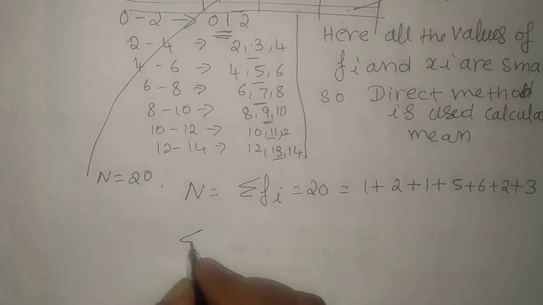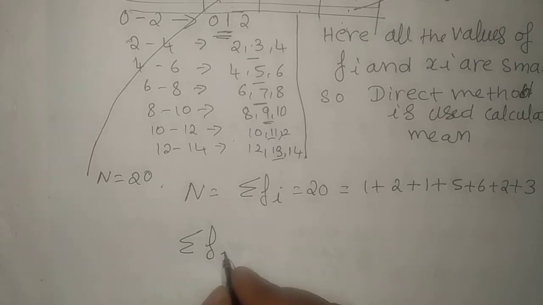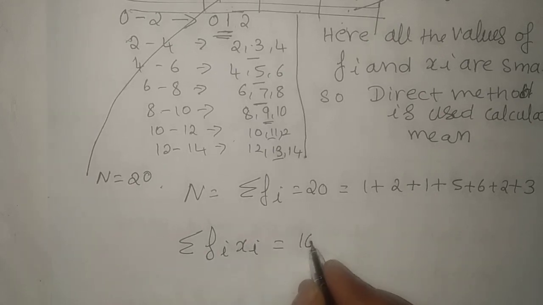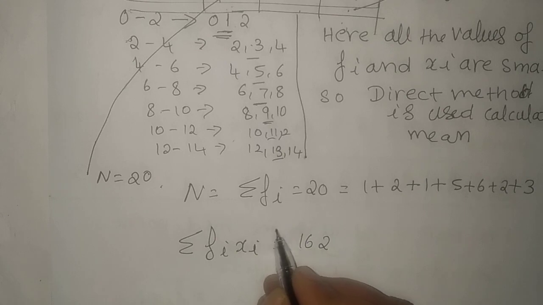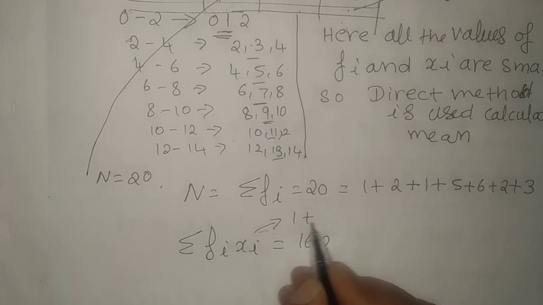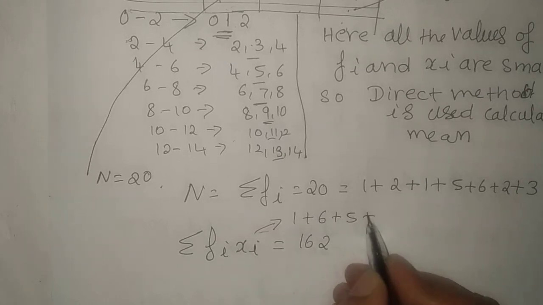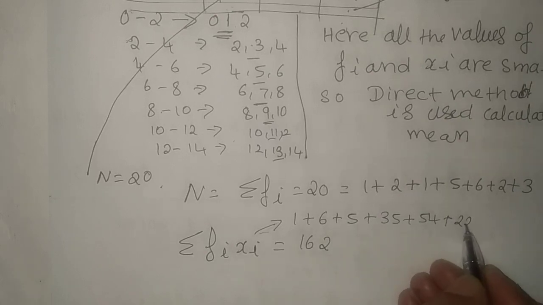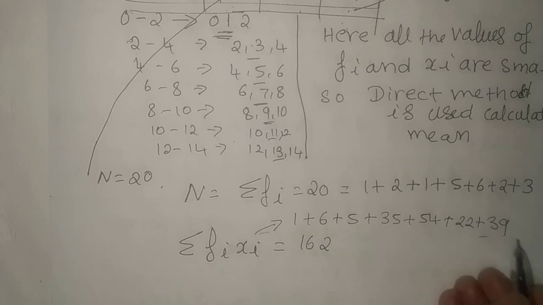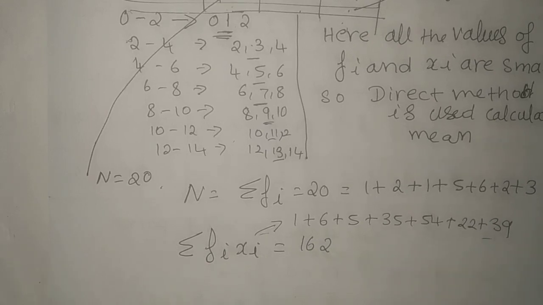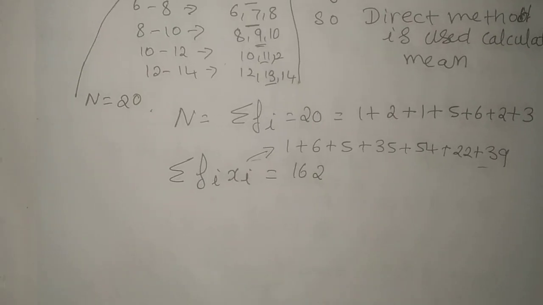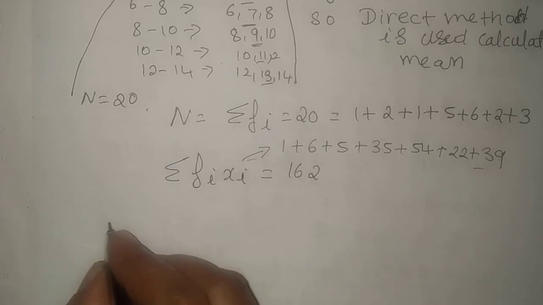Now we have summation fi xi, that is adding the last column as I have shown, that is 1 plus 6 plus 5 plus 35 plus 54 plus 22 plus 39. So last, one thing is left, we have to find out the mean.